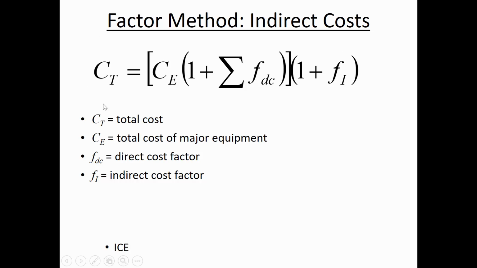And here what that's saying is you can find the total cost for an entire project by looking at the cost of some major equipment item, and then these direct cost factors are saying that if you're spending a certain amount of money on a concrete pad, and all of the other expenses for the project can be somehow tied as a percentage of that one item that you do know the cost of, then you'd add up those direct cost factors and multiply by the C sub E, and on top of it, you're taking the indirect cost factors into account.